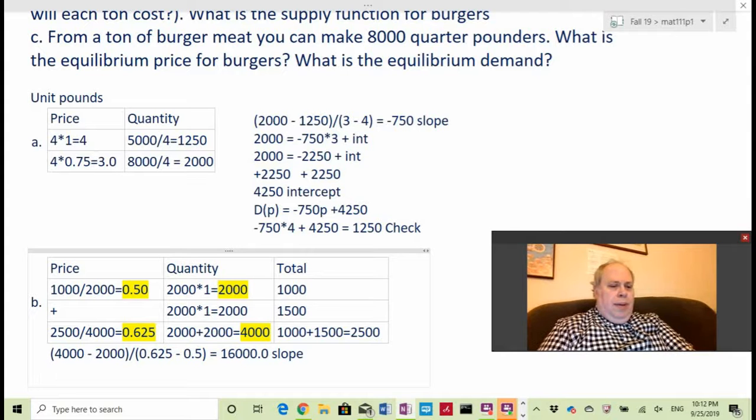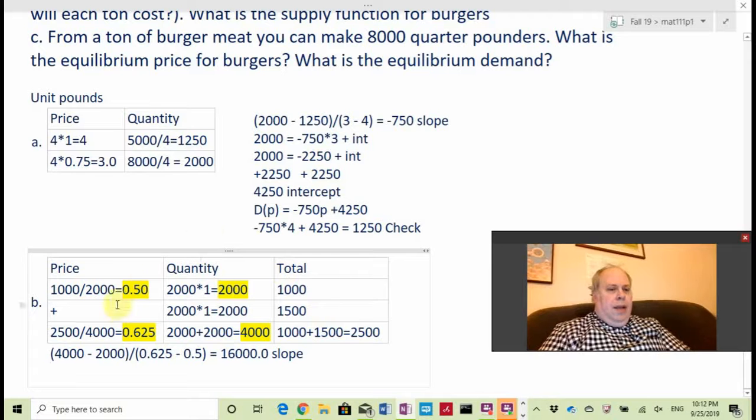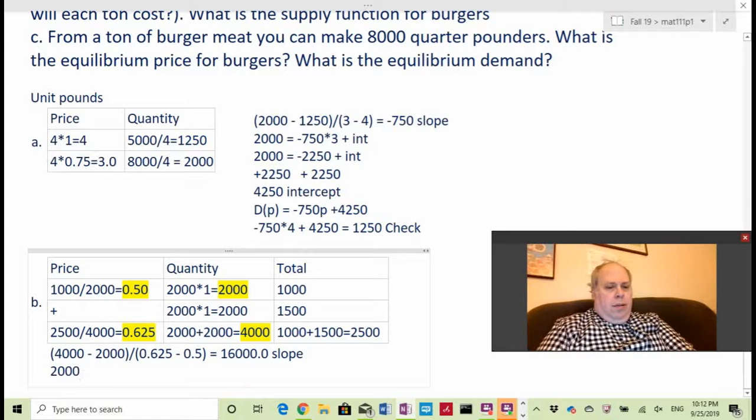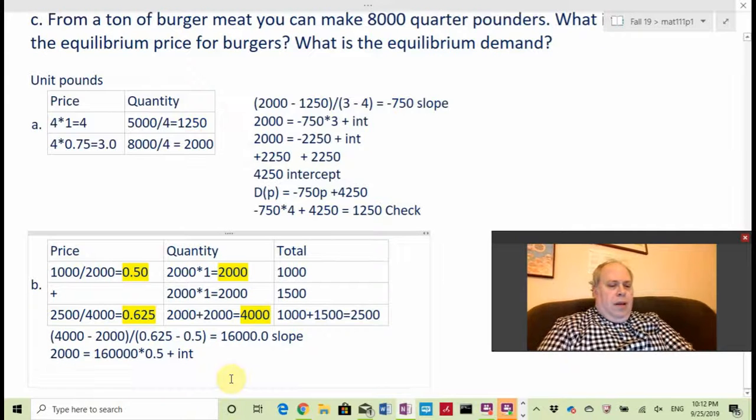To get the intercept, let's plug in the easier fraction, 2,000 and 0.5. So we'll take 2,000 pounds equals the slope, 16,000, times 0.5 plus the intercept, which is our supply function.